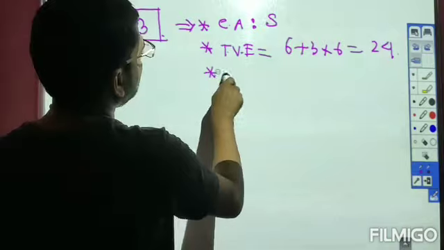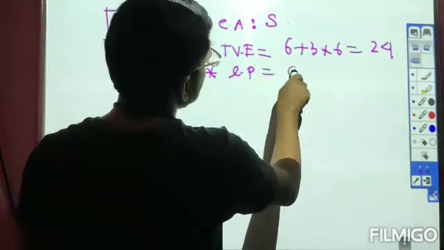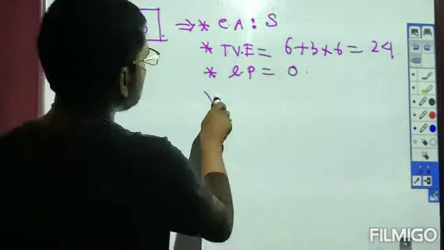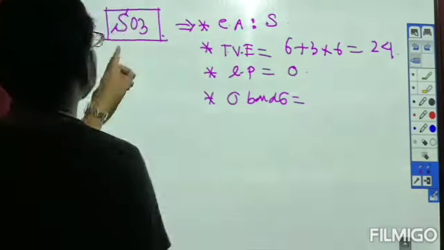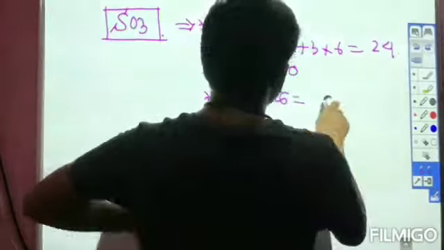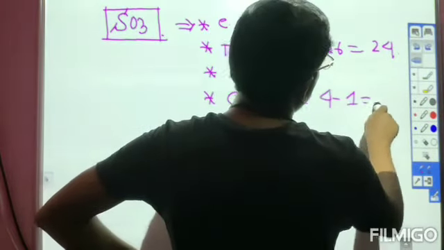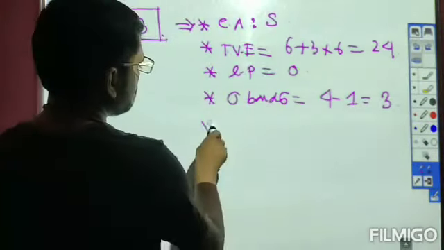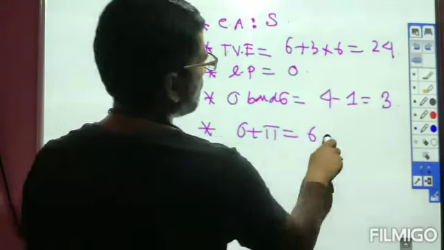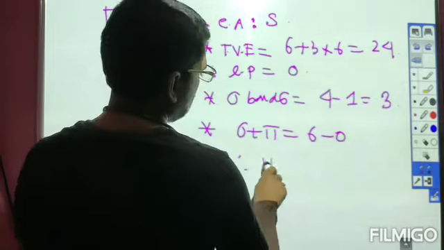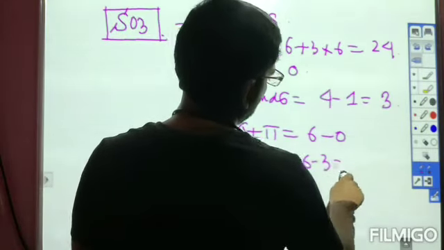So lone pair of electrons: 0. Sigma bonds basically 3, 1, 4, so 4 minus 1 is equal to 3. Pi bonds: sigma plus pi equal to 6 minus 0, so pi bonds are 6 minus 3, that will give you 3.